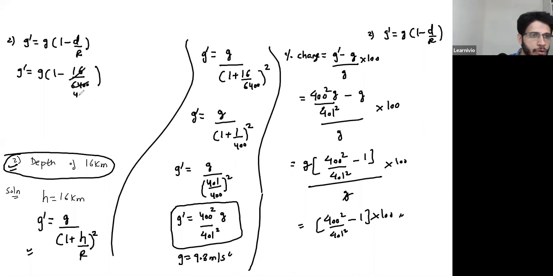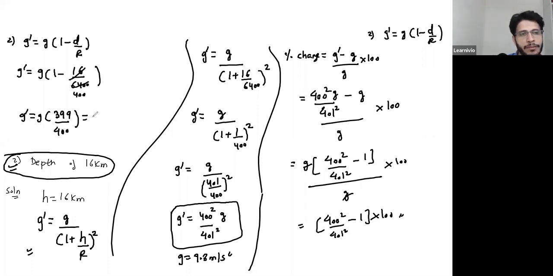So 16 by 6400. So your G prime is G into 1 minus 1 by 400, right? 400 minus 1 is 399 by 400.